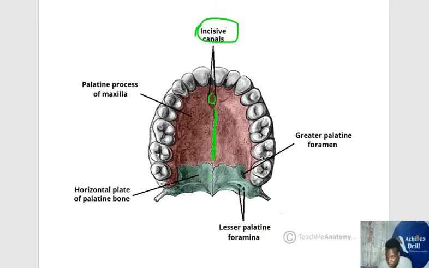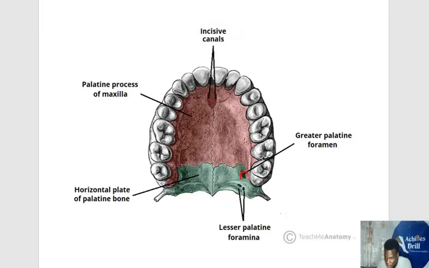And then right here is the palatine bone, of course. What is forming this pinkish part? Well, that is formed by the maxilla, the maxilla proper. But then there are still some vessels on this palatine bone proper.